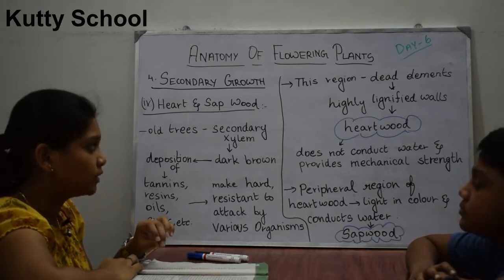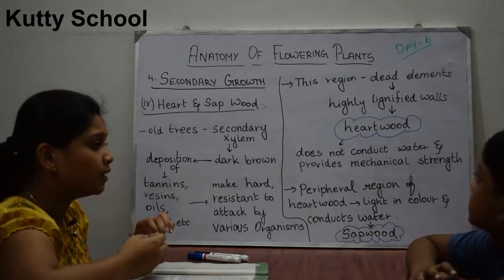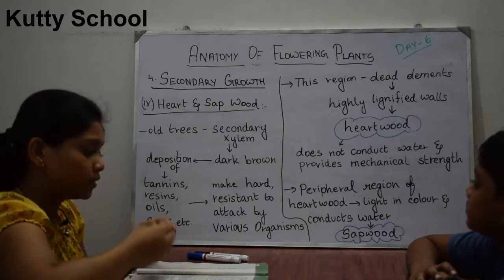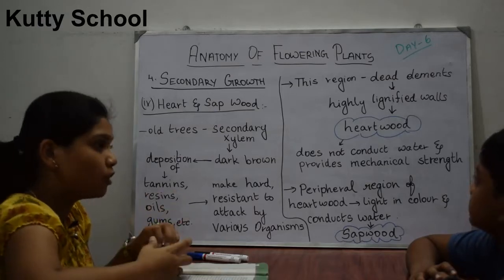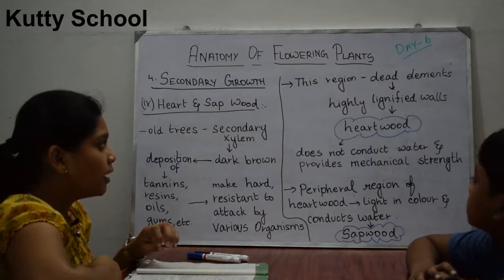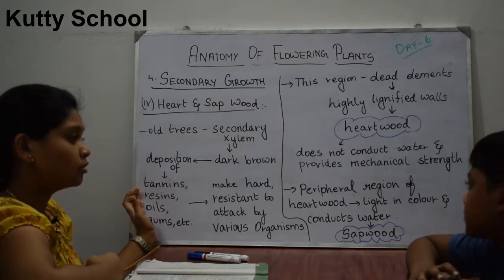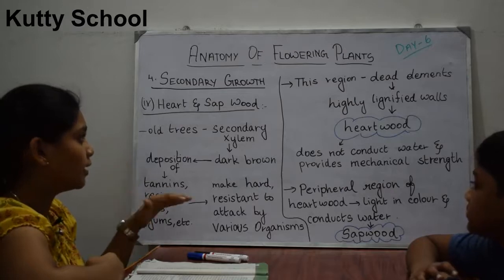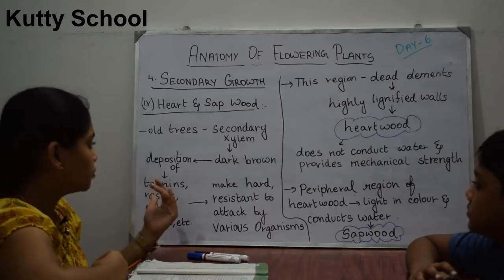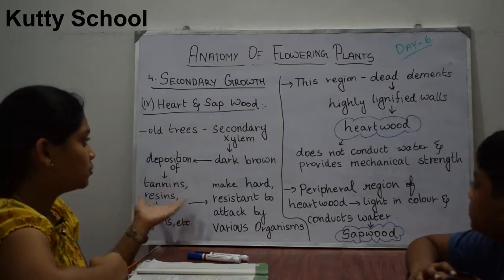Lignified simply means the cells are composed of lignin, a material we have already seen. This type of wood is called heartwood, which contains dead elements and depositions of tannins, resins, oils and gums.